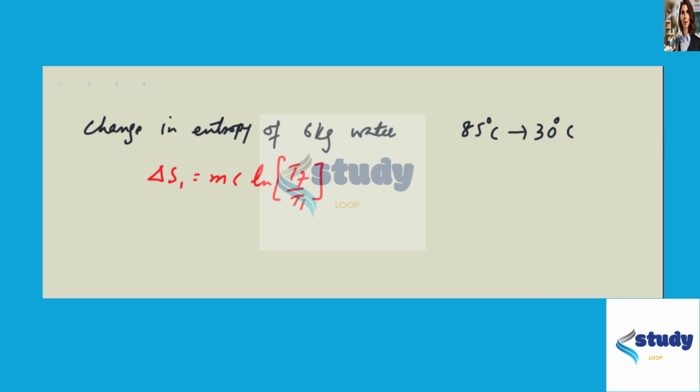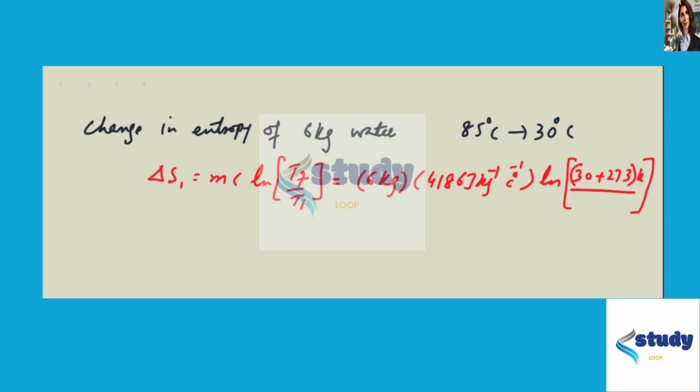Now by plugging in different values: mass of water is 6 kilogram, specific heat capacity of water is 4186 joule per kilogram per degree centigrade, into log of final temperature 30 plus 273 Kelvin upon initial temperature of water 85 plus 273 Kelvin.